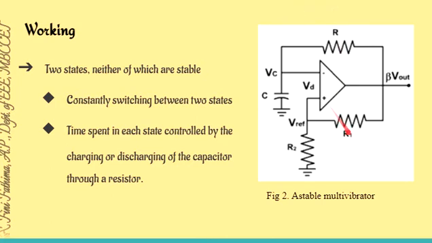The output will switch between these two states, the positive output state as well as the negative state, and the time each state is held can be controlled by designing the values of this resistance and capacitance. The time spent in each state can be controlled by the time constant of this RC network.